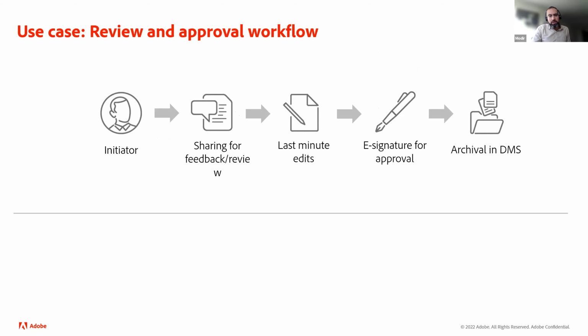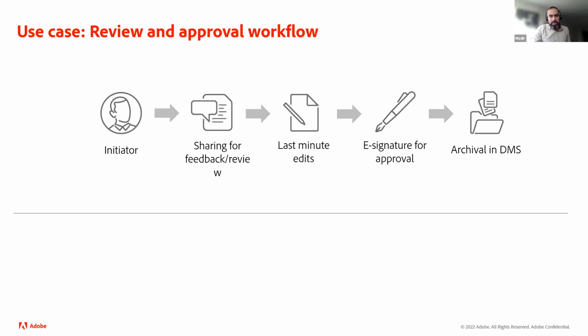In the last scenario, someone must review and approve a workflow. The document must be shared for comments and feedback, and any last-minute changes must be made before it's sent for approval via e-signature. Finally, this must be archived in a document management system. In this scenario, it may be appropriate to use both tools: Acrobat for sharing and reviewing the document as well as last-minute changes, then let Acrobat Sign take care of the e-signing together with the archiving in the customer's document management system.